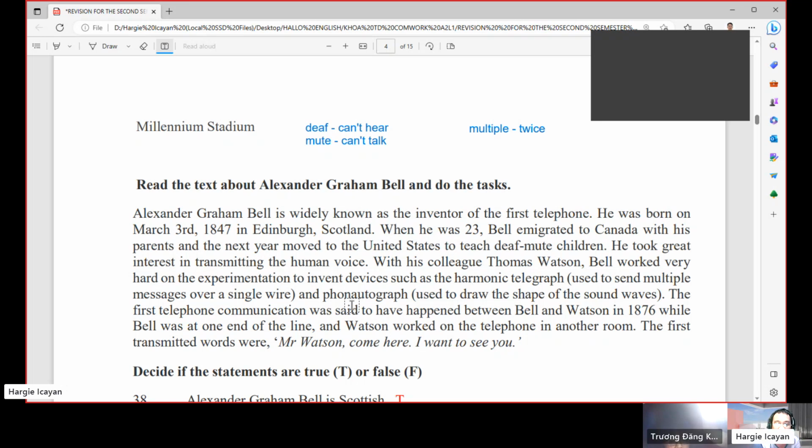This is a device used to send multiple messages over a single wire. What is this device?